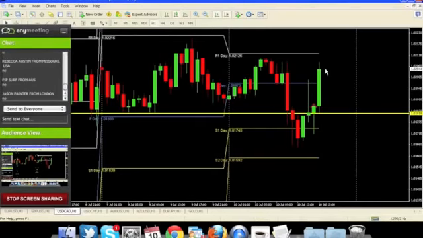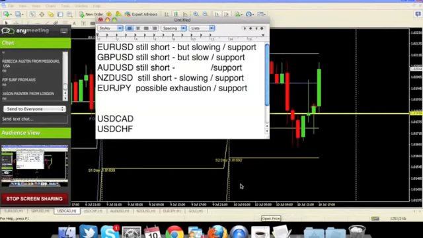No pivot lines at the current market that we were at. No pivot line yesterday. No pivot line day before yesterday. Long. Still long. Not slowing. No resistance. Okay. US dollar CAD is telling us that it still got steam. It still wants to keep going. It's not tired.